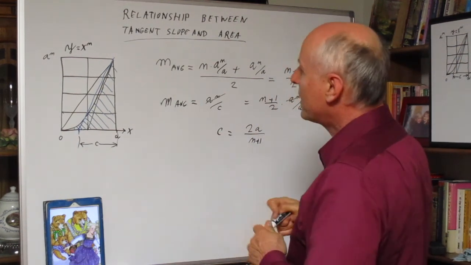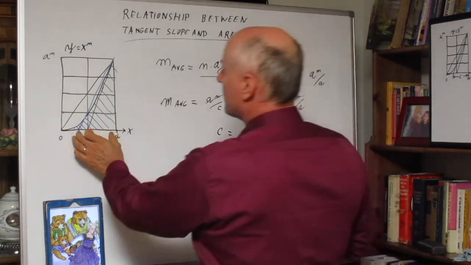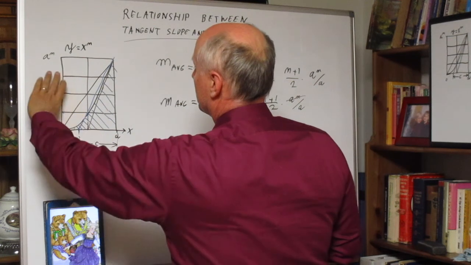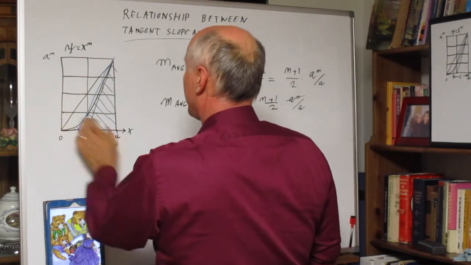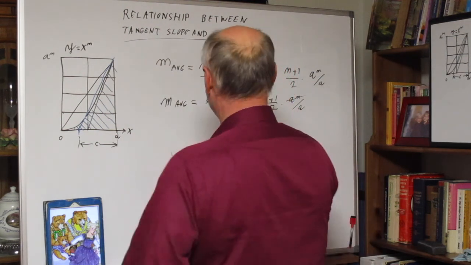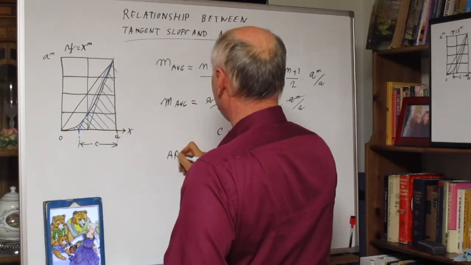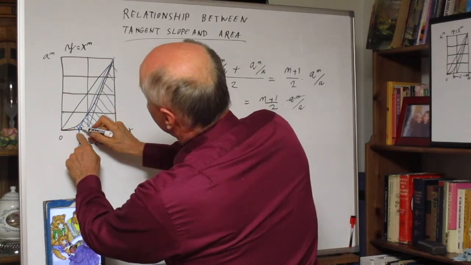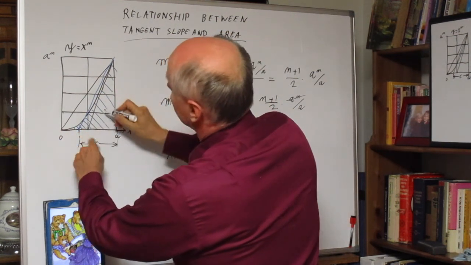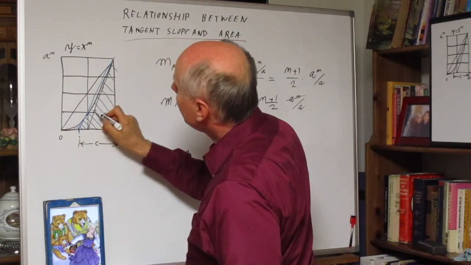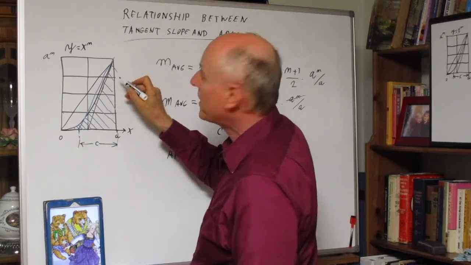All right, now let's look at the area of this triangle here. What is that? That's simply base times height times 1/2. So area, and that's the area of this blue triangle, which we're saying closely estimates the area of this wedge. You see how closely?